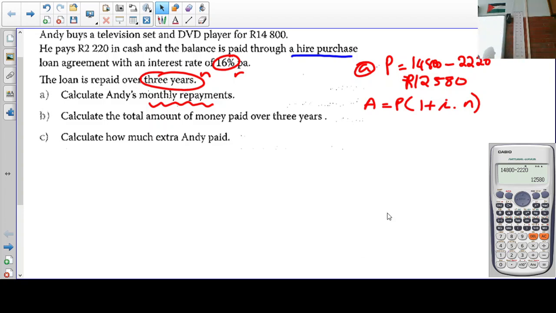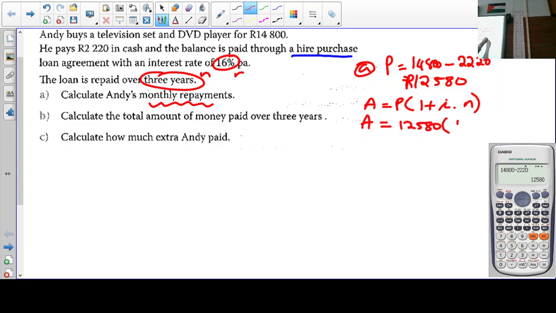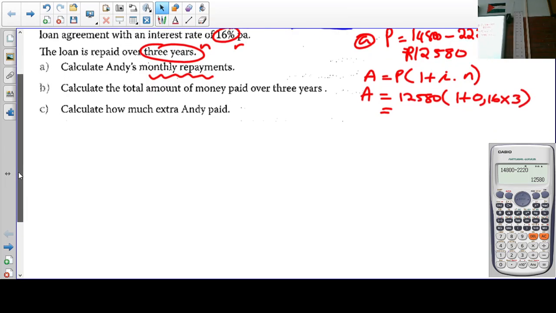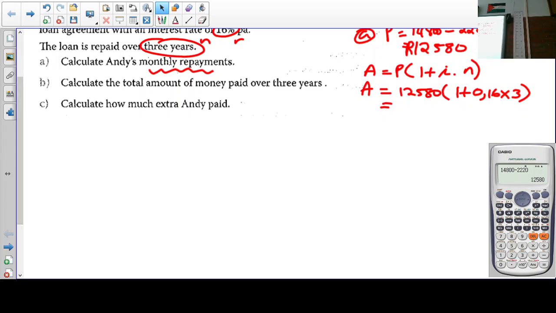Coming back to this, A is equal to P, which is 12,580 rand, into 1 plus what's your I value? 16%, so 0.16 times 3 years. Let's put that in the calculator. Remember, Ans is the last answer calculated in the calculator.